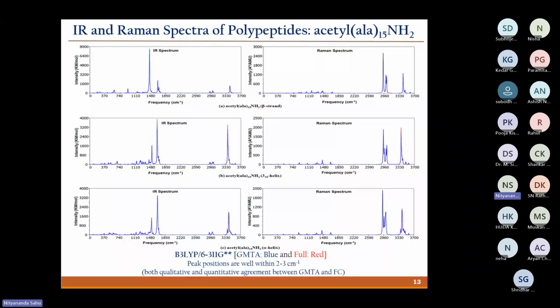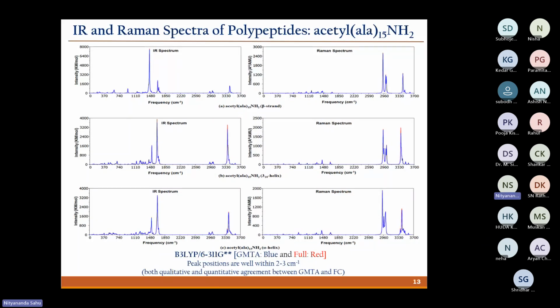Yeah, so those are all about the clusters. Now we can go to our real systems, the biological systems, which are mainly polypeptides, proteins, and some antibiotics or other molecules. I'm just giving the comparison of our GMTA, that is the grafted MTA, with respect to the full calculations. The blue one is our GMTA spectrum, and the red one is the FC. If you just see the top two, I don't think we can see the red one.